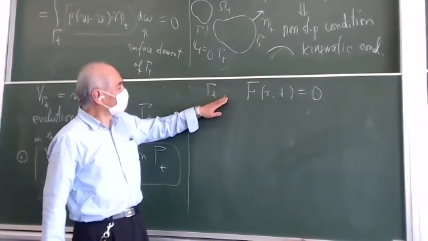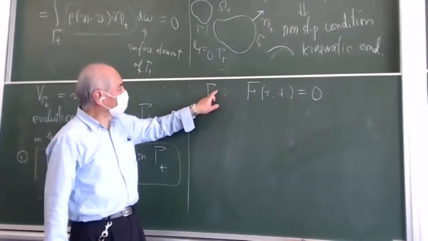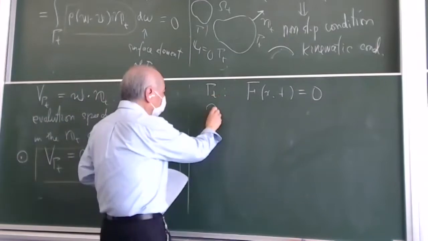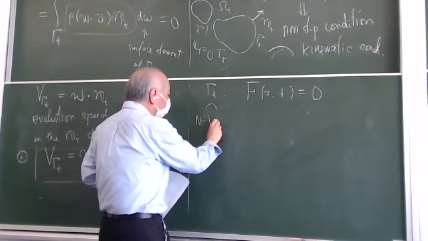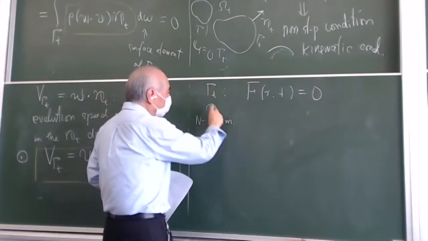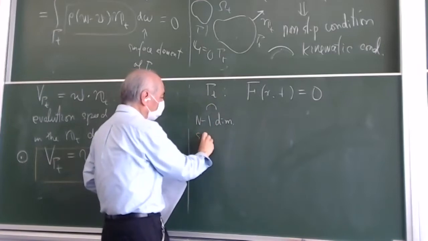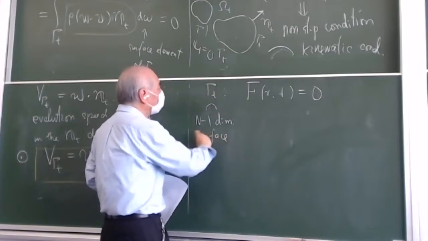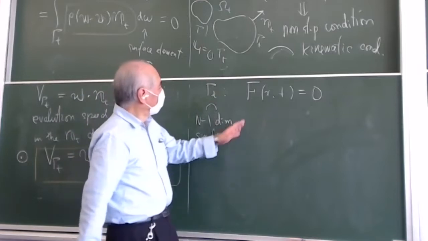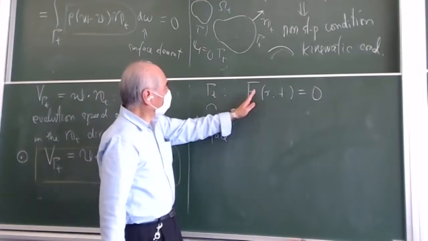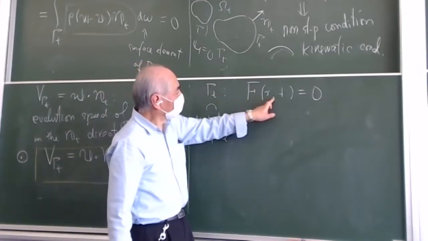This is also a typical thing. Gamma sub t is usually an n-1 dimensional surface. So mathematically, locally, this surface is given in this way.